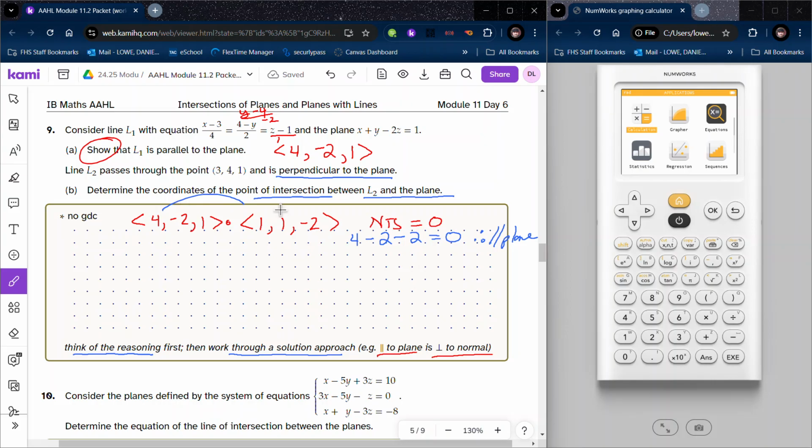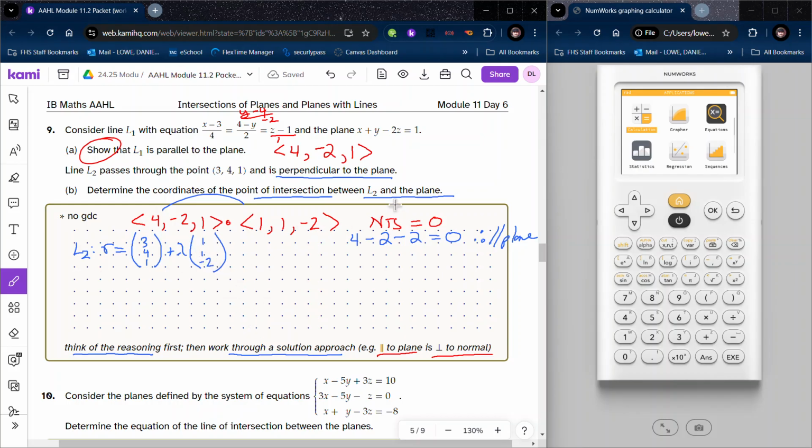So for part B, we know that line L2 would have a vector equation: the point 3, 4, 1 plus some directionality, and that directionality is going to be perpendicular to the plane, so it's going to be in the same direction as the normal.